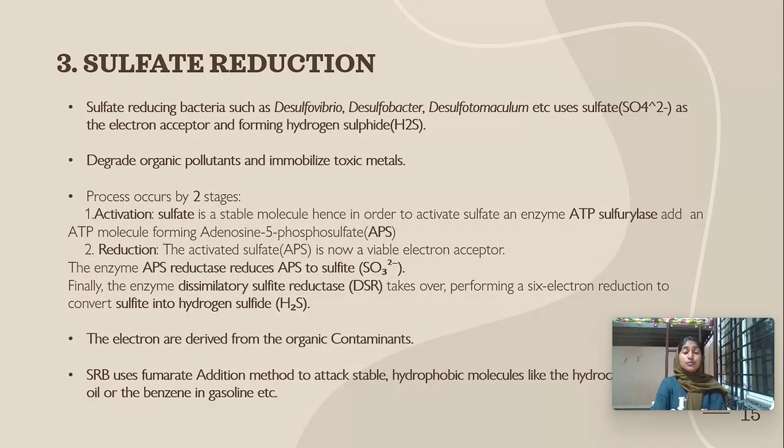The electrons for the reduction of sulfate into hydrogen sulfide are obtained from the contaminants or the organic pollutants. Thus, the contaminants are used up by the bacteria. Also, sulfate reducing bacteria use the fumarate addition method to attack stable hydrophobic molecules such as benzene and gasoline.